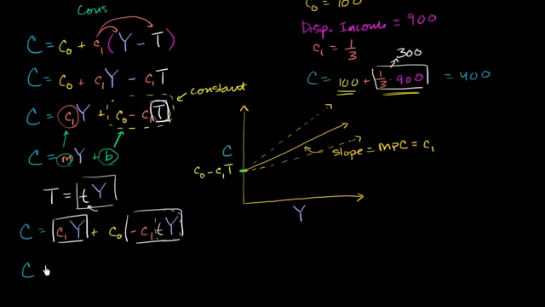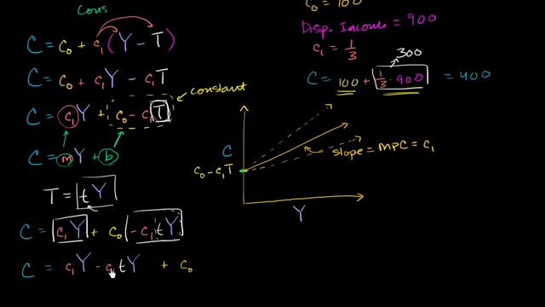So we get c is equal to c1 times y, so marginal propensity to consume times aggregate income, now minus the marginal propensity to consume times the tax rate, not just the aggregate total tax value, but the actual tax rate, times aggregate income. So that's those two terms there. And then we're just left with the autonomous consumption.